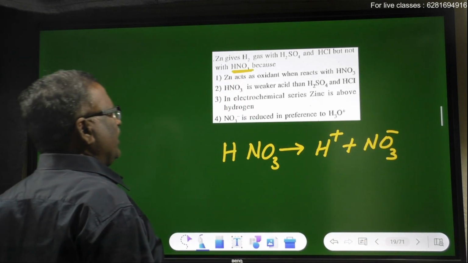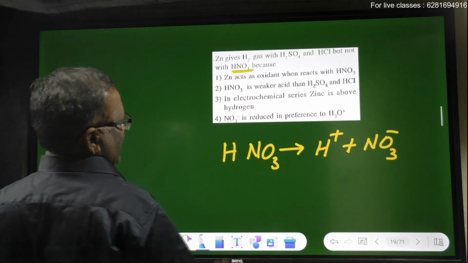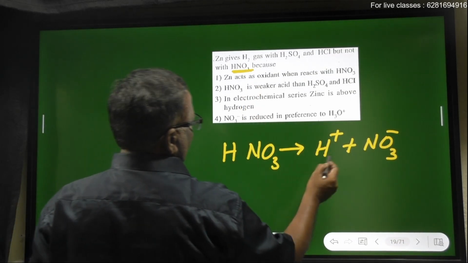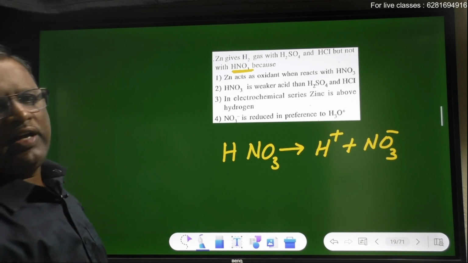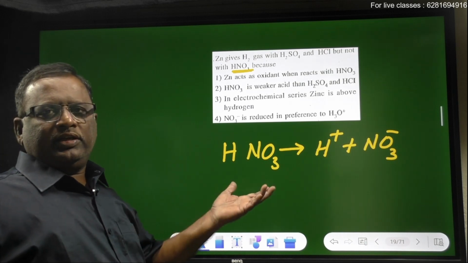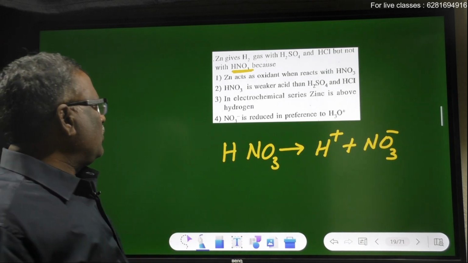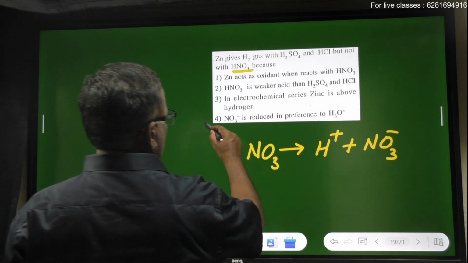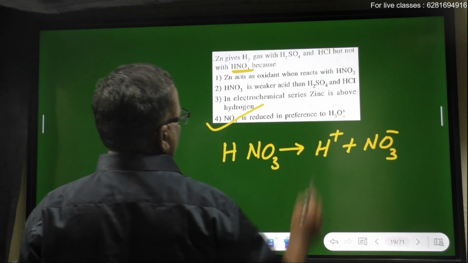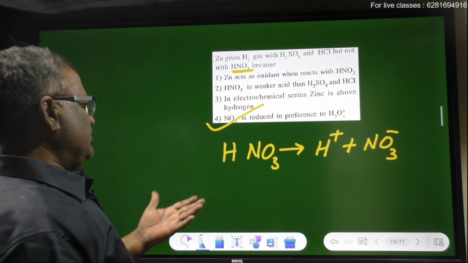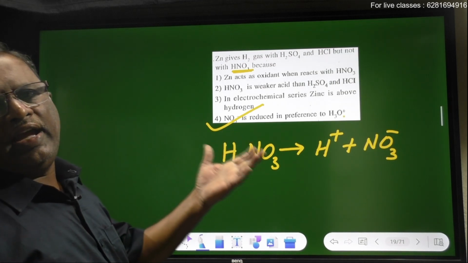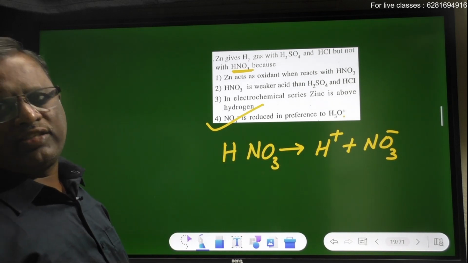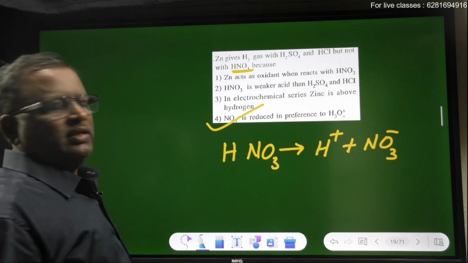So out of these two ions, when zinc is reacting, instead of H plus ions, NO3 minus ions are reduced. With preference over H3O plus ions or H plus ions, NO3 minus ions will be reduced, and NO2 gas is liberated.